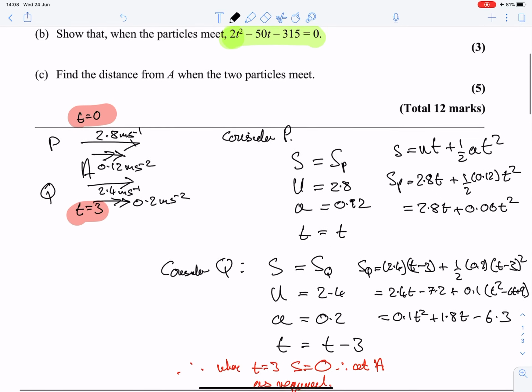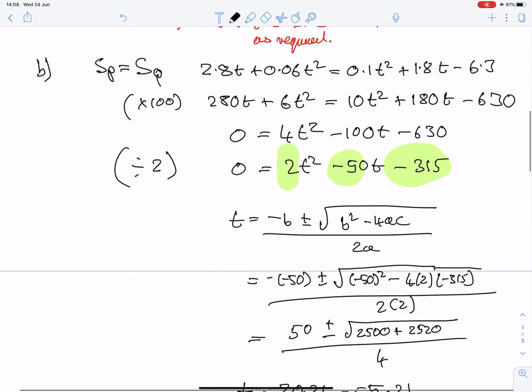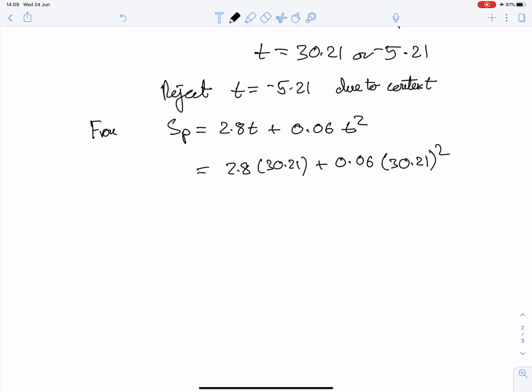Let's just check. 0.06T squared, yes. So put it in the calculator, substitute in the 30.21. Best to use the answer button really, so you're going to be using 2.8 times 30.21, but use the answer button, plus 0.06 times 30.21 squared.